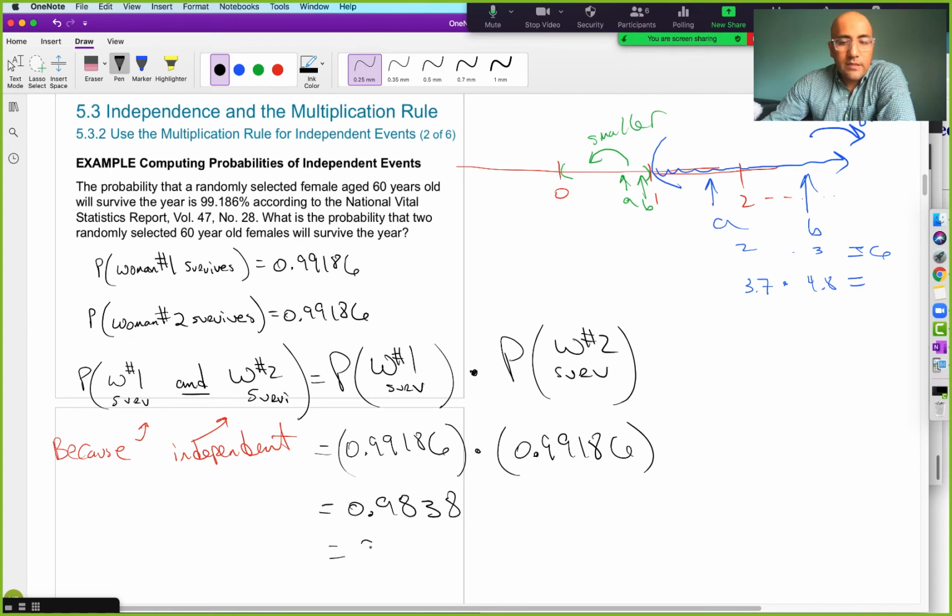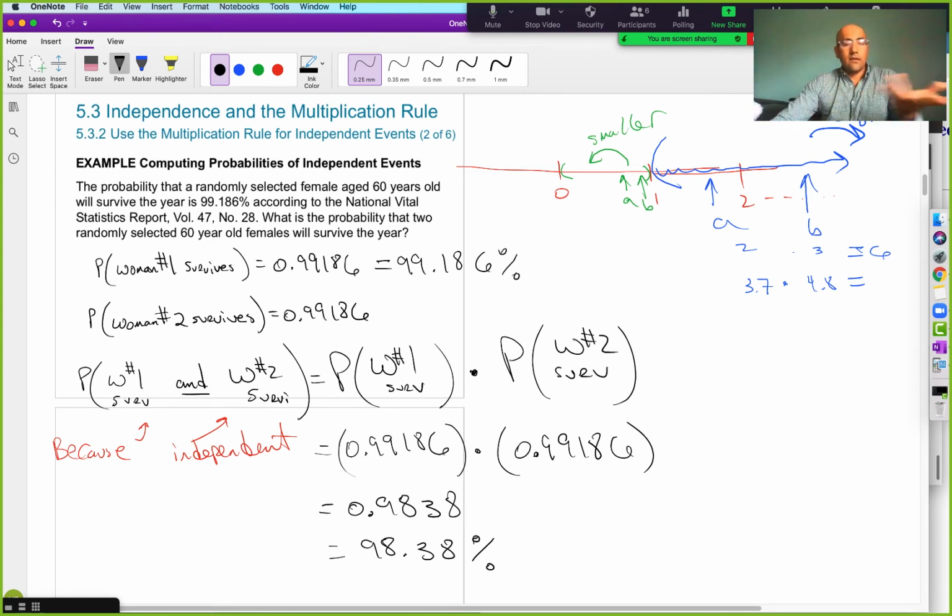Right, so approximately 98.38% chance. The probability that one individual woman survives a year is a 99.186% chance that one randomly selected woman will survive the year.